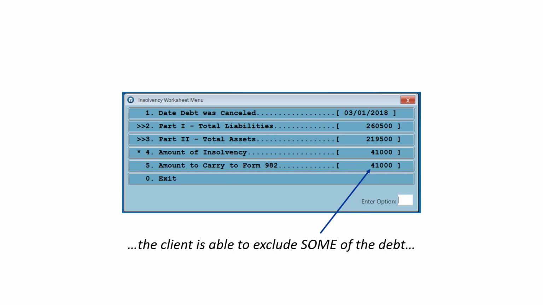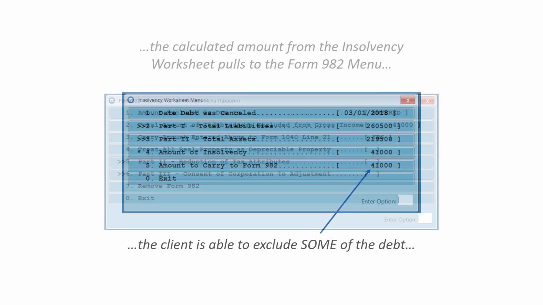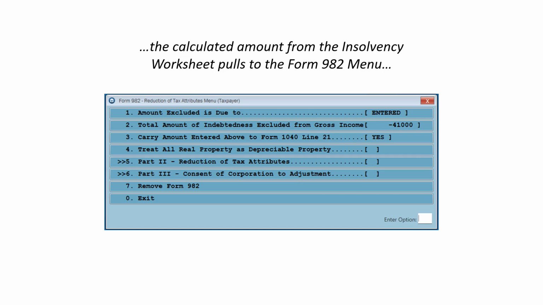The amount of insolvency, $41,000. The amount to carry to Form 982, the same, $41,000. The calculated amount from the insolvency worksheet will pull to the TaxSlayer Pro Desktop Form 982 menu. Total amount of indebtedness to be excluded from gross income, $41,000.